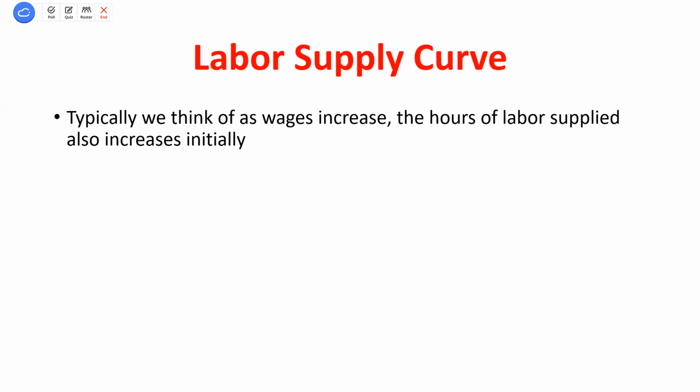We've got the substitution effect, but we also have the income effect, right? So for instance, if I were to pay you $1 million an hour, how many hours would you work in a year? If it was me, I'm probably banking up, working 20 hours and coasting, right?